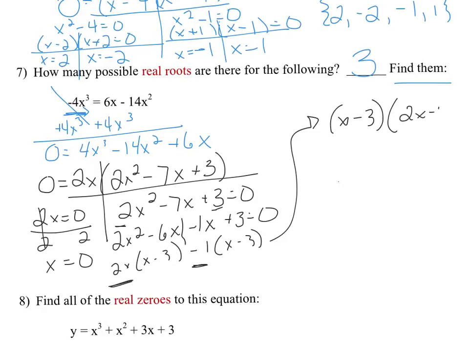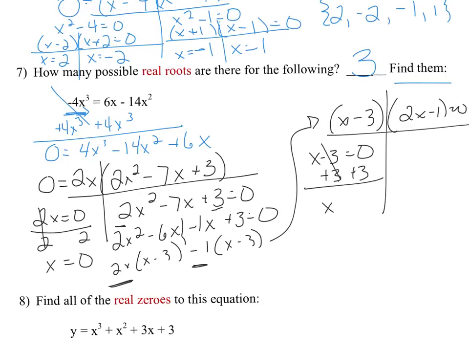T-chart those. x minus 3 equals 0. Again, optional step, but it's good to do. This one here, you have to put this because solving it isn't as straightforward as we want it to be.